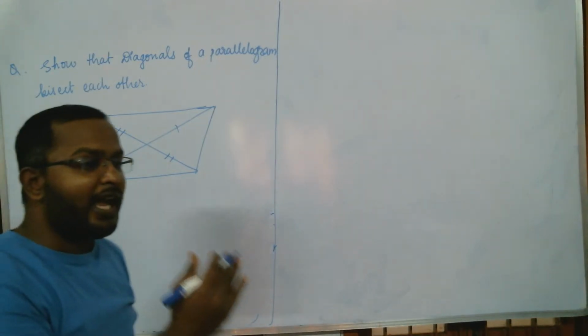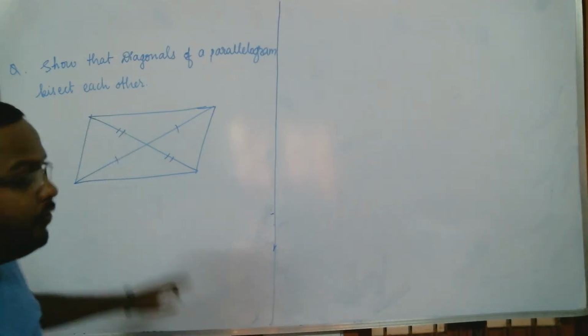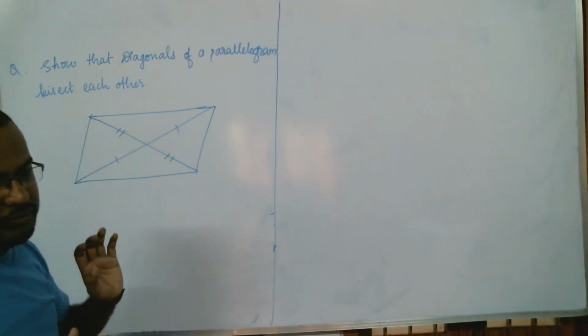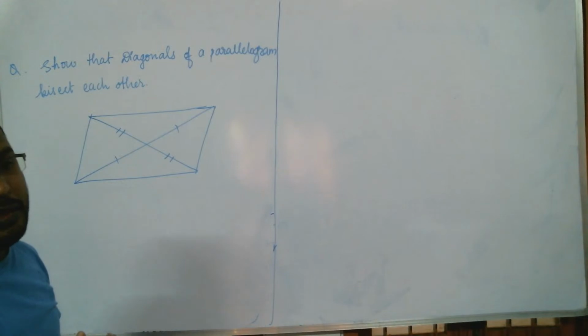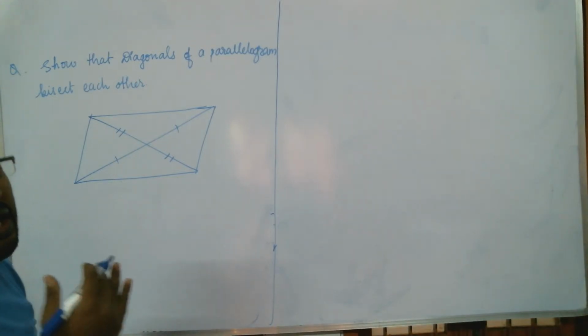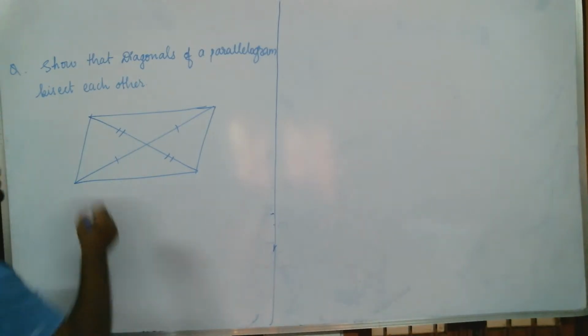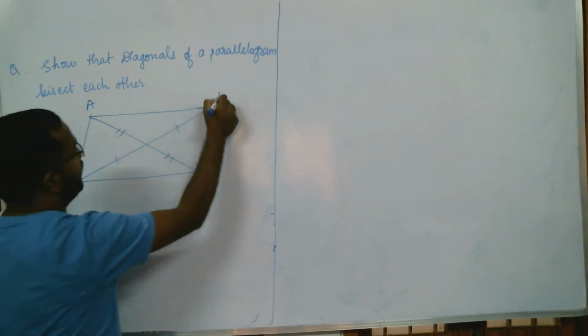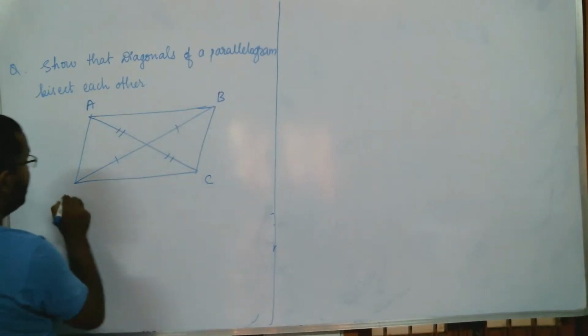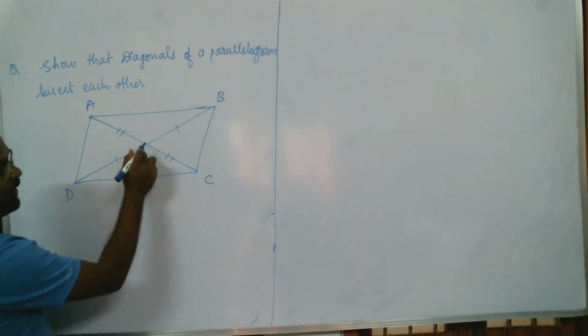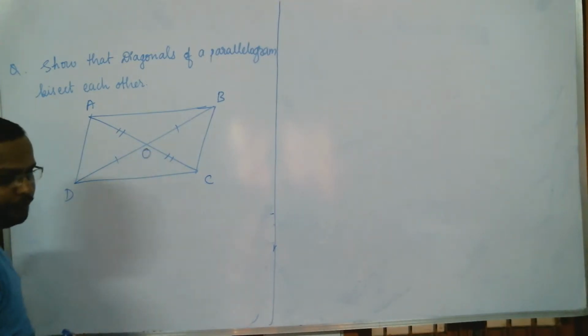Now take some time and think how we can do this. The diagonals of a parallelogram bisect each other. How can we prove this one? Let us give names A, B, C, D, and where they are bisecting, we'll write it as well.